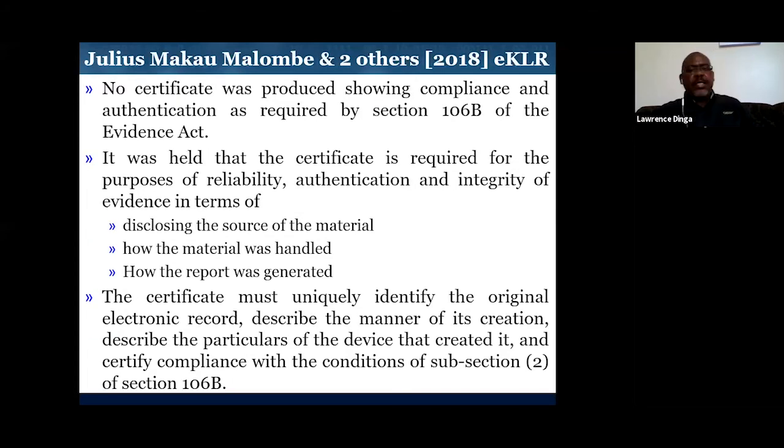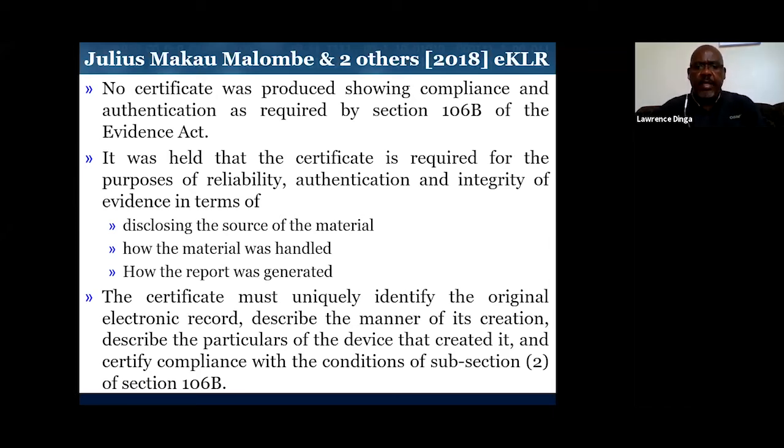The last case is the Julius Macau Malombe and two others. Now here is a case where I think it was an election petition, and what the judge said is that no certificate was produced showing compliance with the authentication required by section 106B of the Evidence Act.